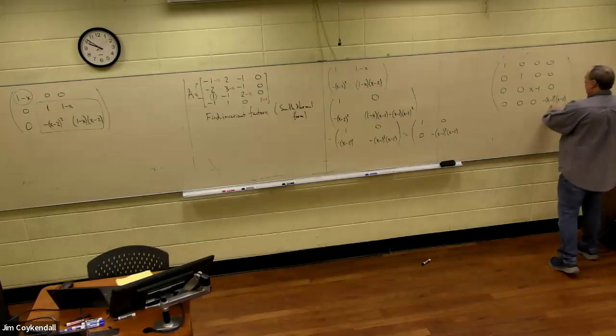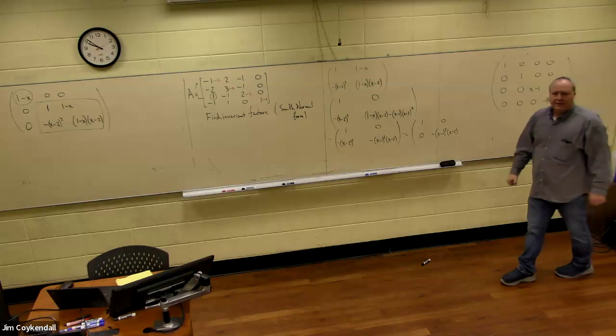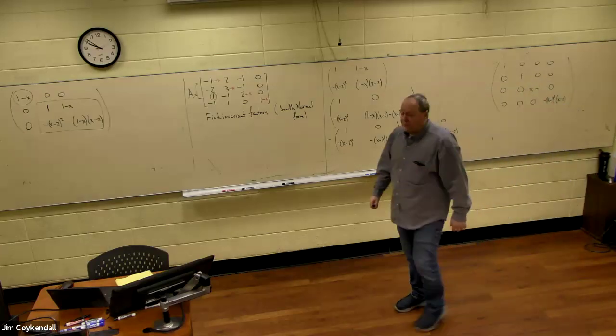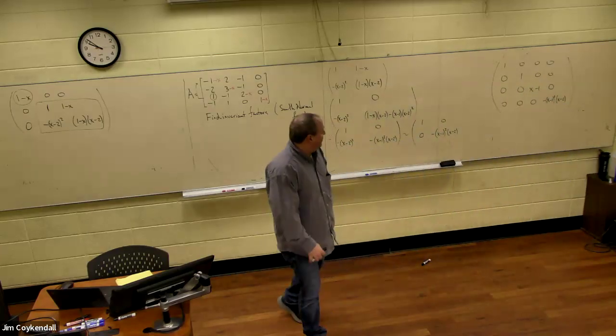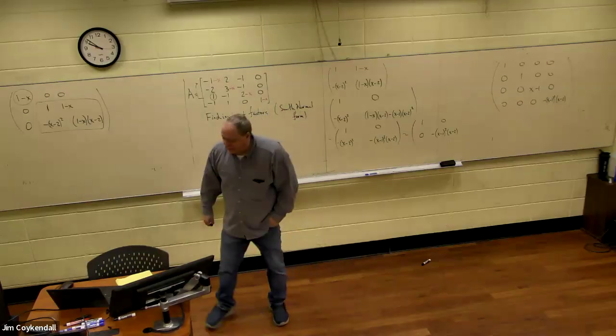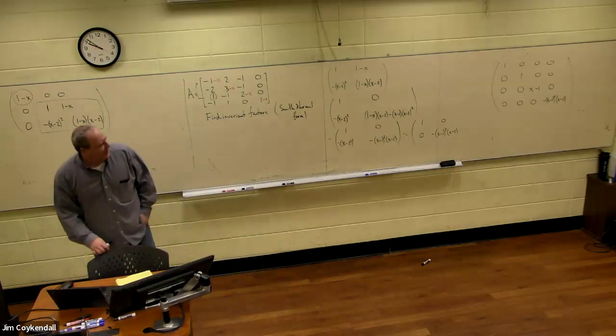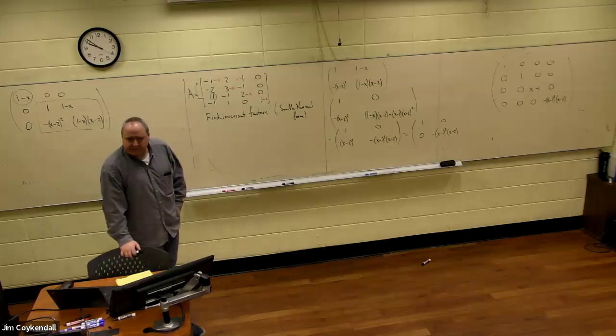And let's see, that's degree 3, 4, good. So it looks to me like for this particular matrix that we started with, the invariant factors are x minus 1 quantity squared times x minus 2.